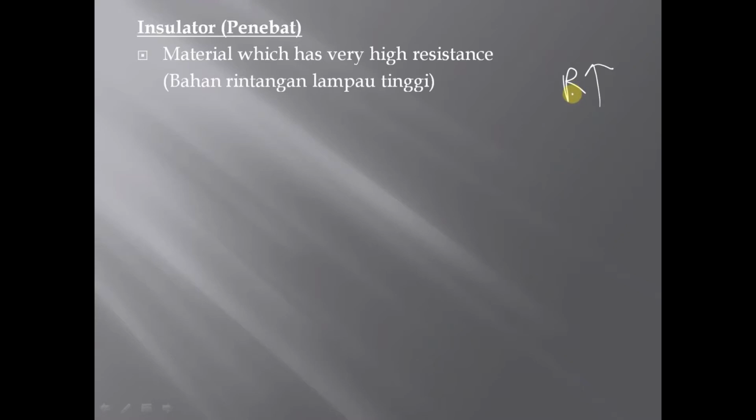And obviously a lot of people know what is the example of insulator we can find. Alright, so it's like rubber, wood, plastic. All this is considered as an insulator ataupun dinamakan sebagai penebat. So harap kamu boleh faham membezakan antara bahan yang pertama yang kita namakan di sini adalah penebat. Okay, insulator.